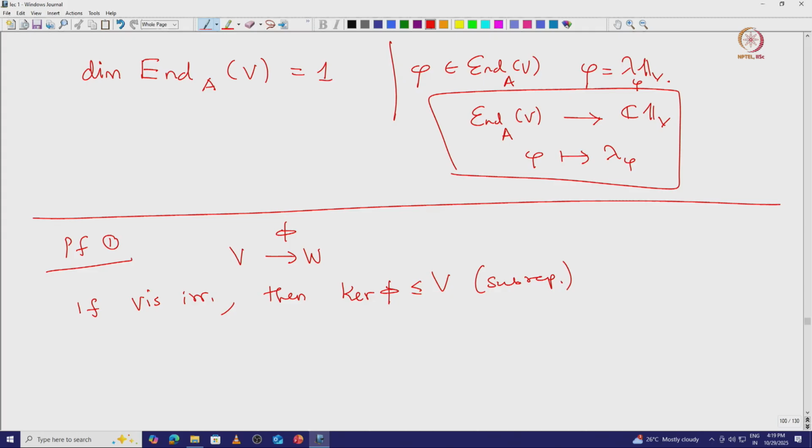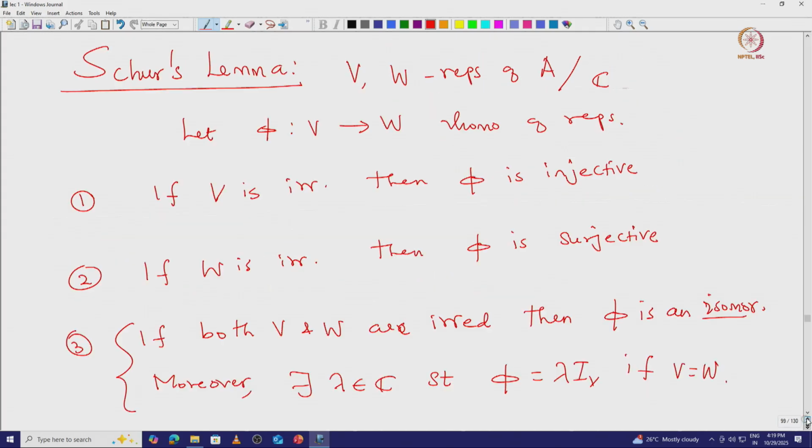Suppose pi is not injective, so we take pi to be a non-zero map. No, it can be 0 also, because lambda could be 0. So, let us not put any assumption on pi.